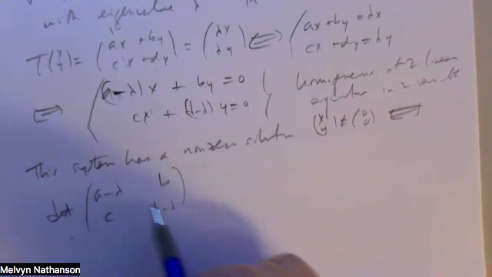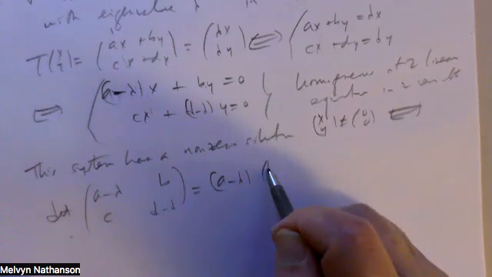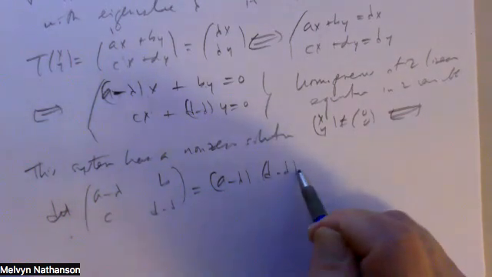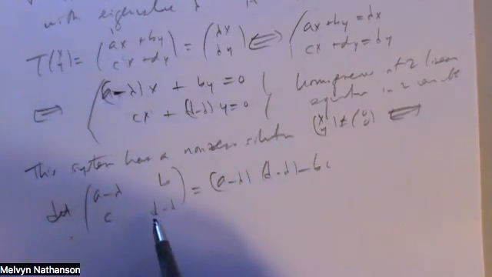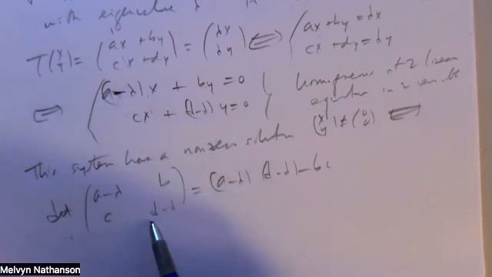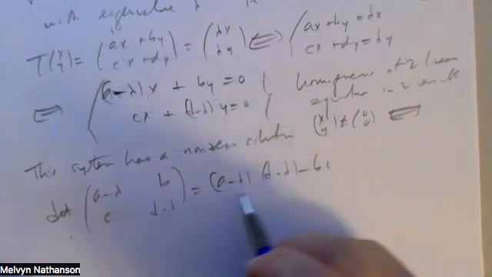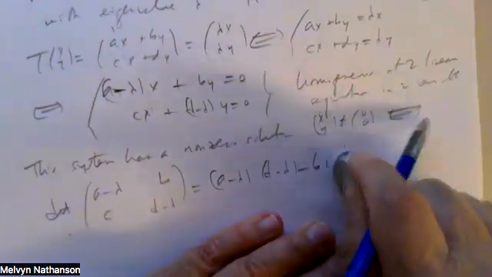What is the determinant? ad minus bc. This is (a minus lambda)(d minus lambda) minus bc. If this is different from 0, the system has only the 0 solution. If this determinant is 0, then there's a non-trivial solution. So there's a non-zero solution of two equations and two unknowns if and only if this is equal to 0.